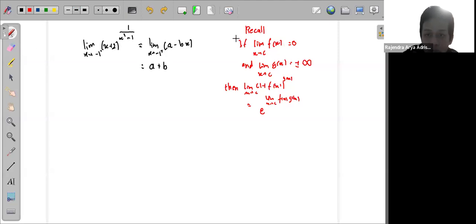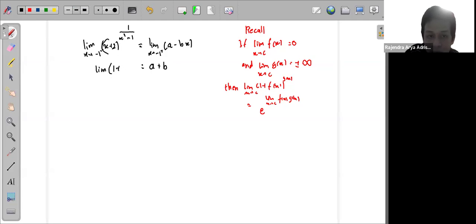So we use this to solve this limit. First we must lead this expression into something that is 1 plus a function in terms of x.